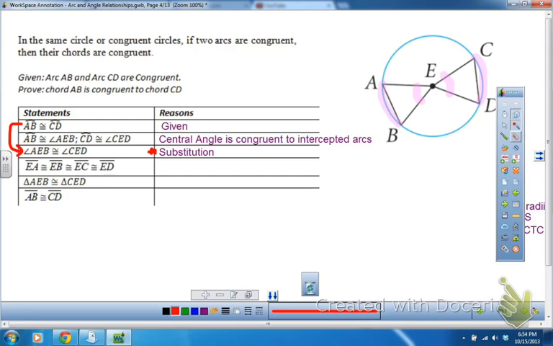Then, again, like we saw in the last one, if you have radii, the radii are all congruent. And so in this one we have side, angle, side. So we are proving that these triangles are congruent by the side-angle-side theorem.